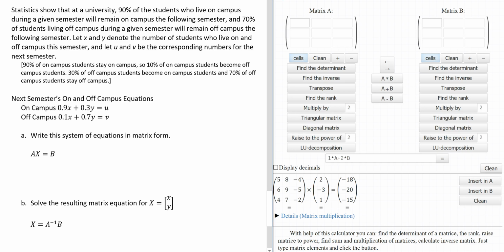This video will use a website to help us walk through solving a system of equations with inverse matrices. Here's the example.